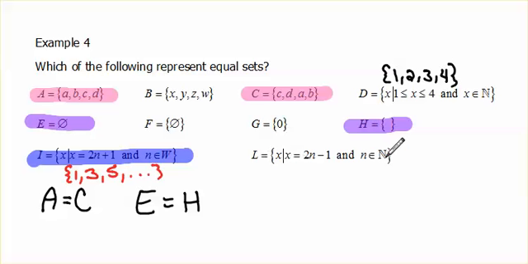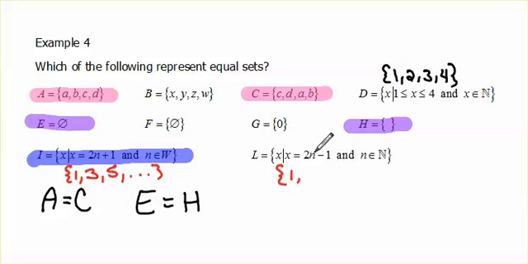Well, what about this set? Let's write some numbers out and see what it is we're actually working with. This is the set of all x's such that x equals 2n minus 1, and n is an element of the natural numbers. The natural numbers, remember, start with 1 and go 2, 3, 4, 5, and so forth. If I start with 1, 2 times 1 is 2, minus 1 is 1.